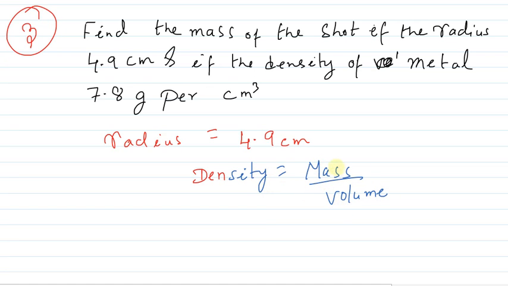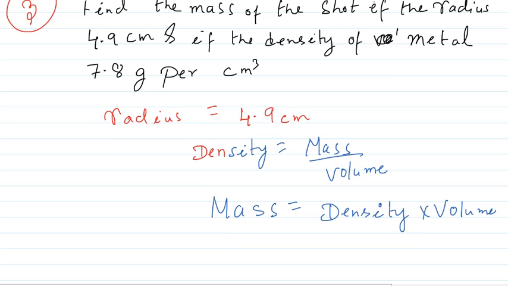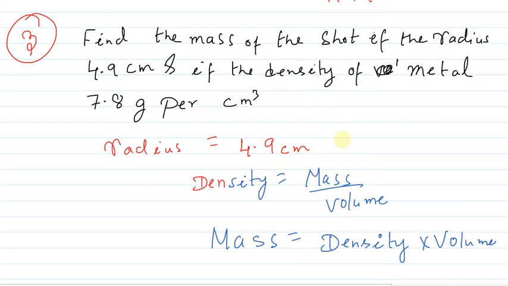So in this question we have to find mass. So mass is equal to density into volume. Great, very good. So this type of question will come in the ICSE. Very tricky question. Although there is no formula, this means there is a connection from physics also.